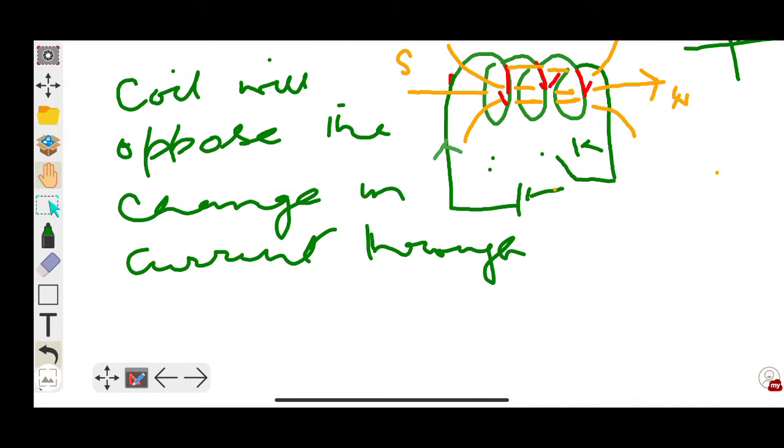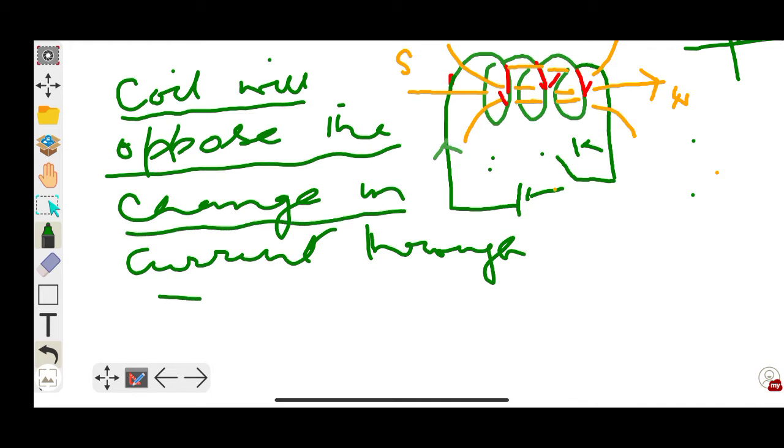And this coil, because we know that whenever there is a coil subjected to change in flux, remember that here the flux is changing because of change in current through the same coil, and therefore this will produce an EMF. That EMF will oppose the change in current. That changing EMF, the coil will oppose the change in current through itself.